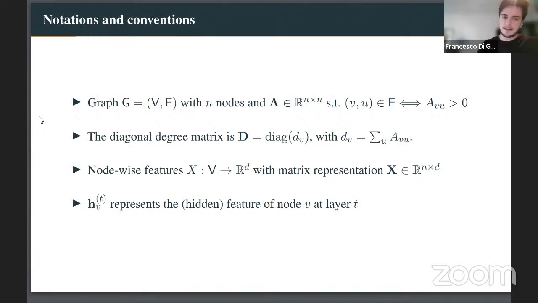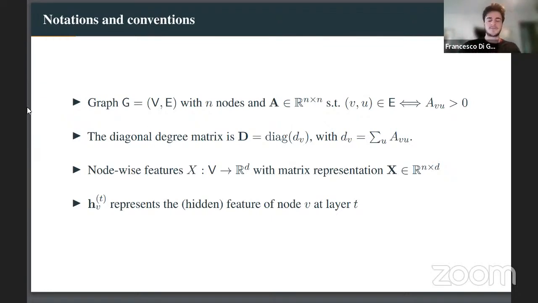I will begin by providing some notation, but I'm sure you are familiar with graphs. We have a graph made of nodes and edges, and let's say that we have n nodes, so n will denote the number of nodes, and we have the adjacency matrix that encodes the connectivity of the graph.